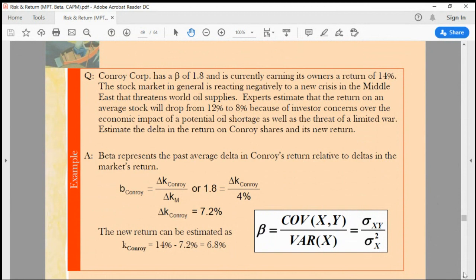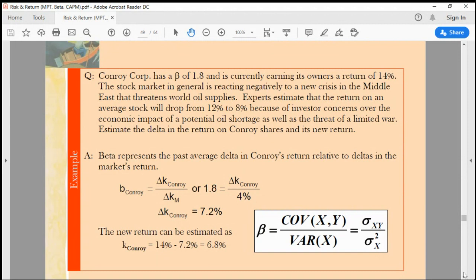But still, if you construct a portfolio with varying degrees of beta, then the systematic risk of the portfolio, not individual stocks' beta, but the beta of the portfolio, can be reduced to 1.